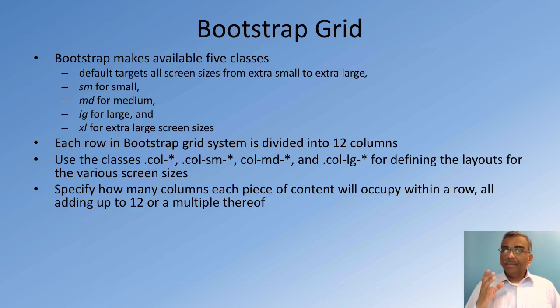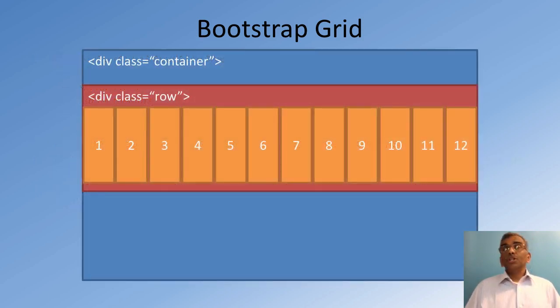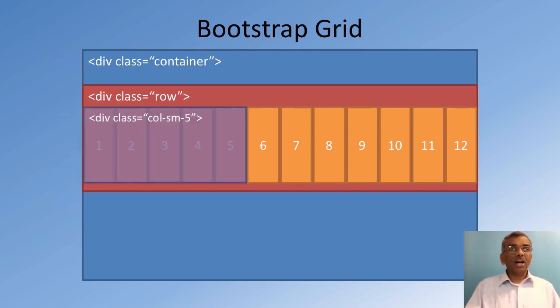Now, these column classes are used to specify exactly how many columns in a row each piece of content will occupy. How does this work? We'll see that in the next slide. So going back to our Bootstrap grid, suppose we have a piece of content and we want to lay it out. We can specify that the content is enclosed inside another div to which we apply a column class, like for example, column SM5.